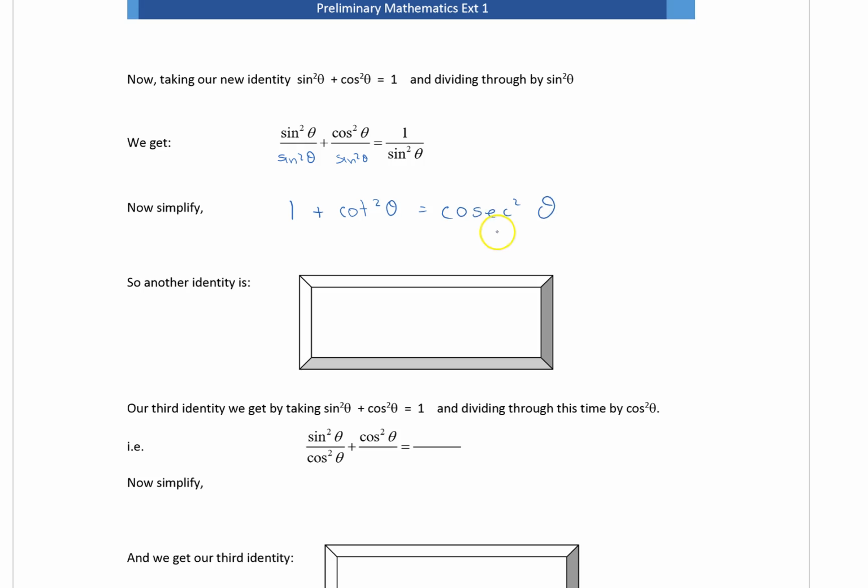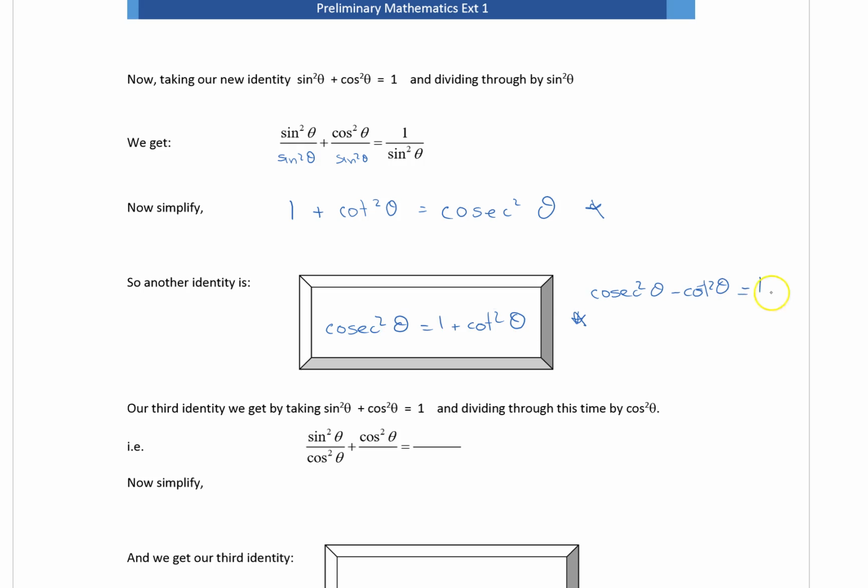So another identity is this, cosec squared theta is 1 plus cot squared theta. Now it doesn't matter if you write it like this or like this, or if you wrote, how could we vary that? Cosec squared theta minus cot squared theta is also equal to 1.